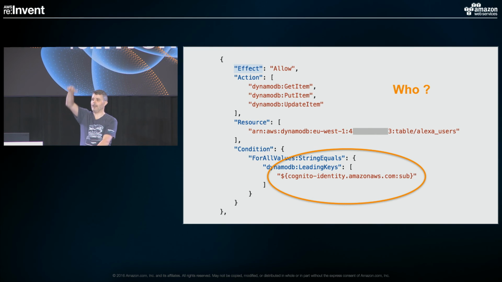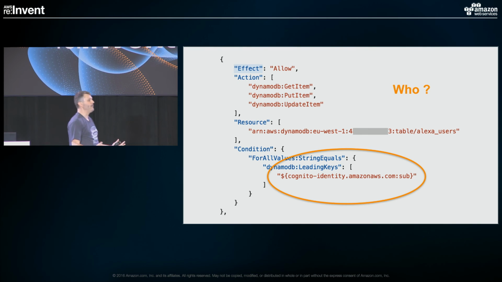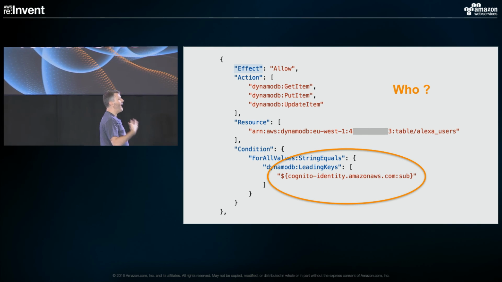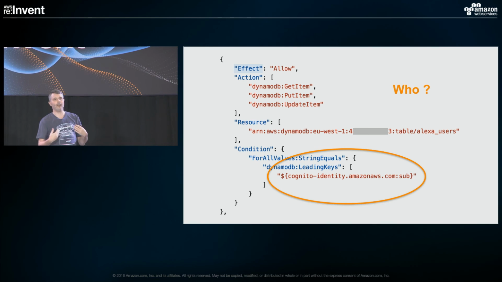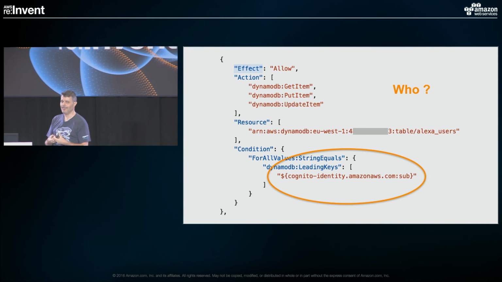So instead of granting access to a table, you grant access to specific records on the table. Using this variable, you can say, I can only read and write items where the Cognito user ID is the primary key, is the hash key. Is it clear? Yep.